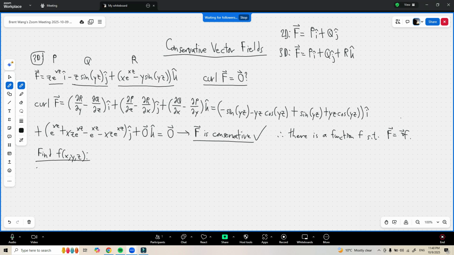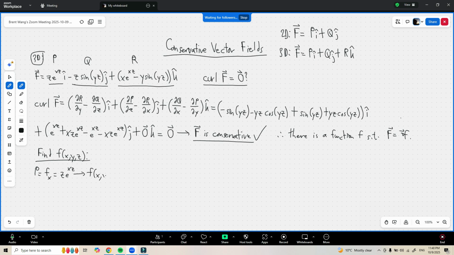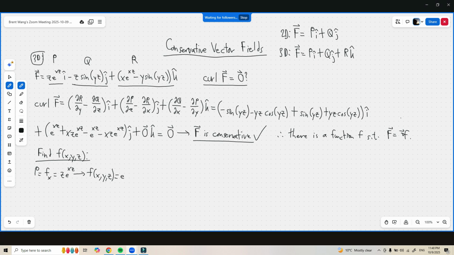So P is equal to f sub x, which is equal to z e to the xz. f of x, y, z is equal to e to the xz plus g of y, z. Let's differentiate this function with respect to y now.